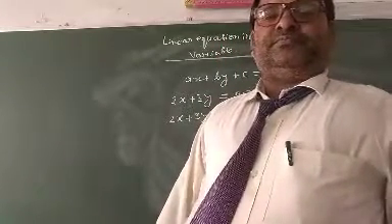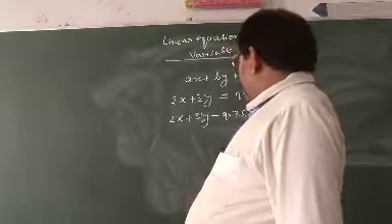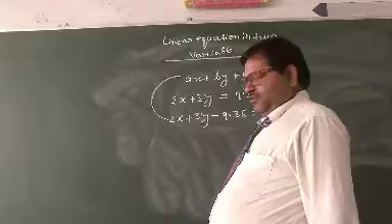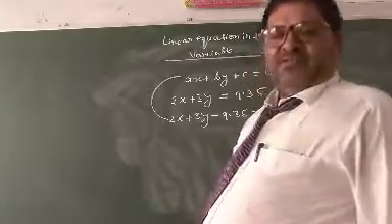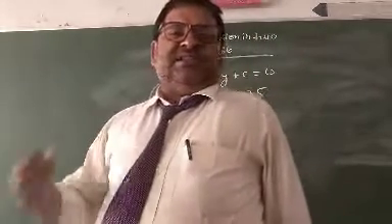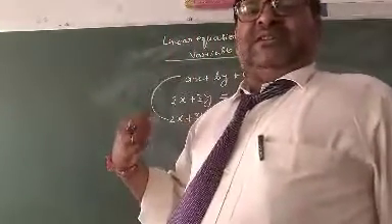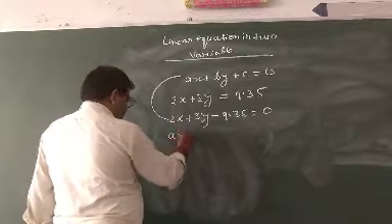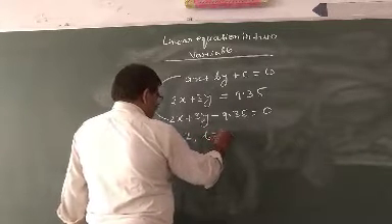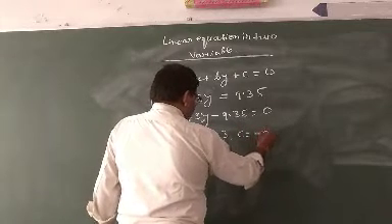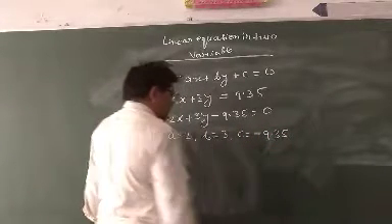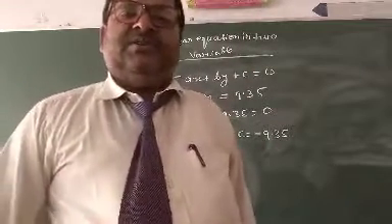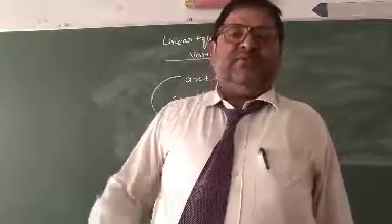Therefore, we compare the general equation to the given equation. Now compare the general equation to the given equation, and then a equal to 2, b equal to 3, and c equal to minus 9.35.